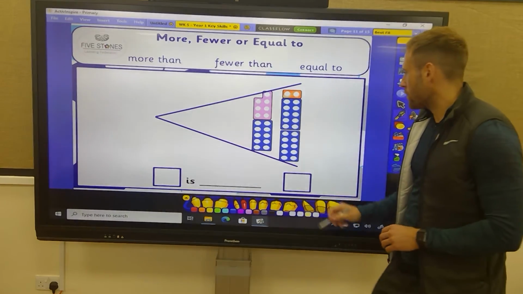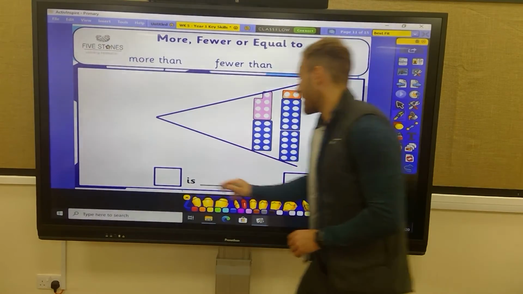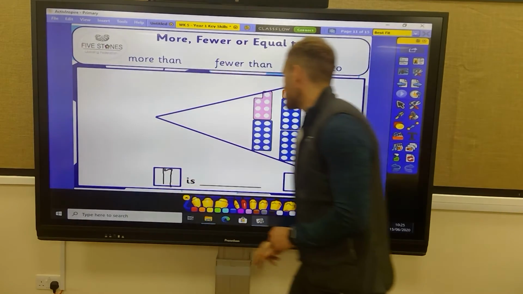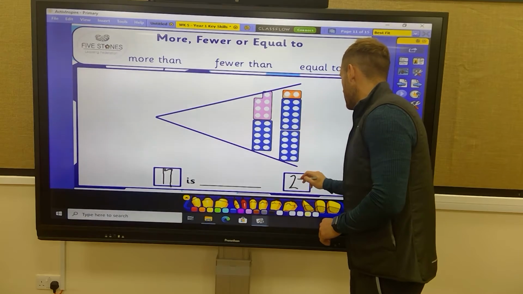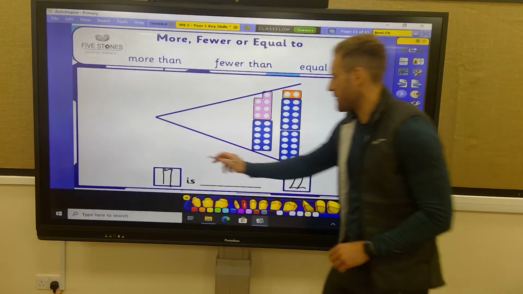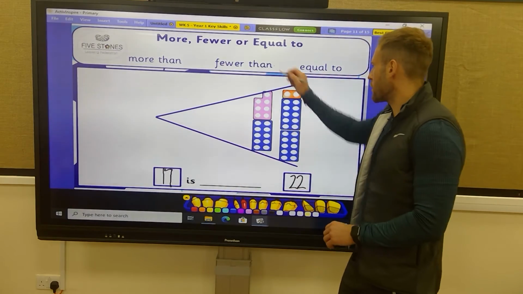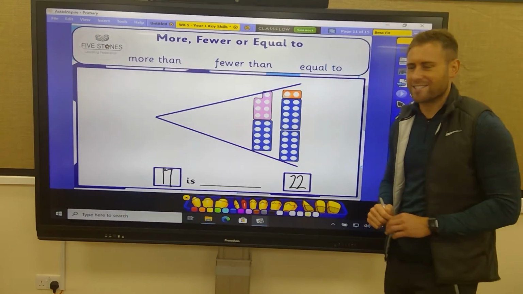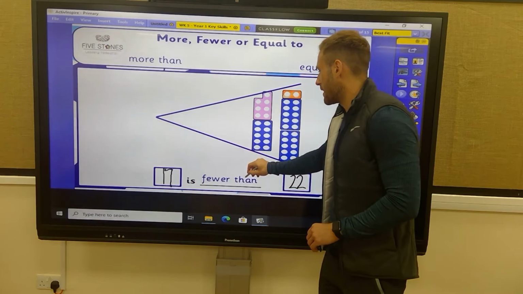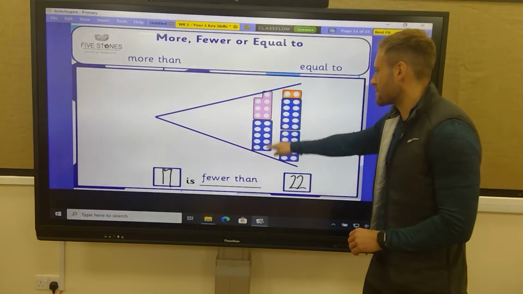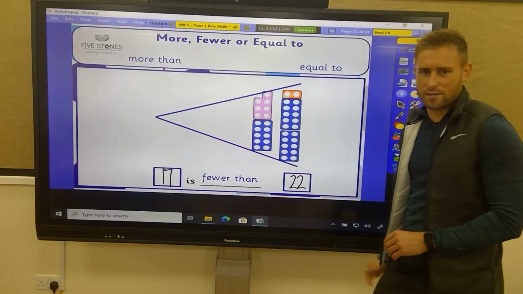Great, so we should hopefully have 10 and 7 is 17, fantastic. So 17, and we've got 10, 20, 22. Great, so 17 is more than, fewer than, or equal to 22. Great, we can see it's fewer than, aren't we? There's not as many in this part as we can see in this part.